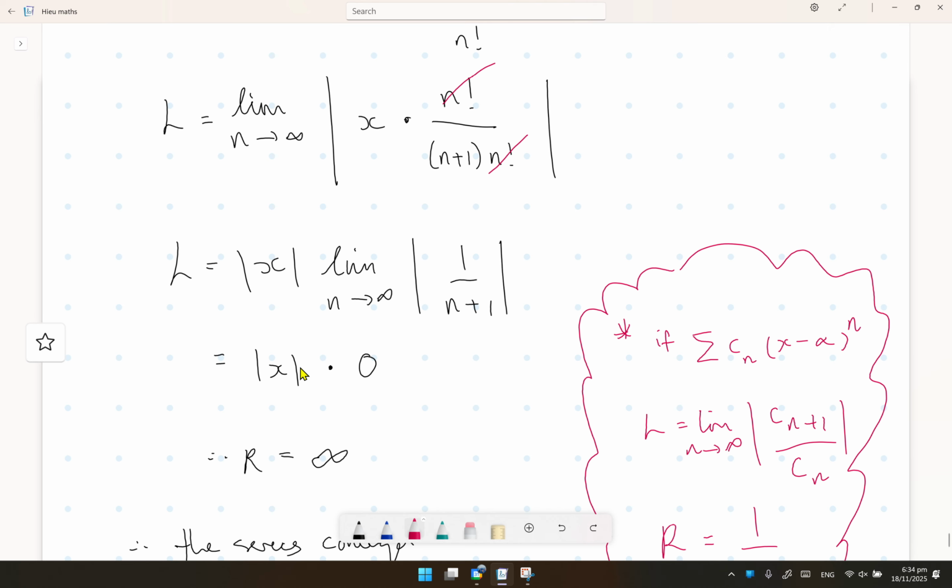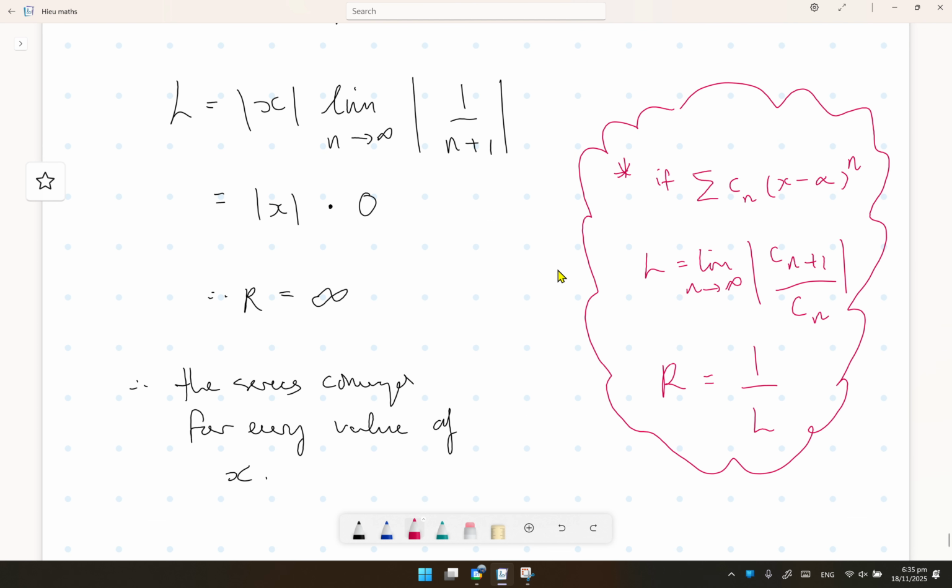So what does it mean that L is equal to 0? Well, there's a note here. I don't know why this is true, but let me think. Oh yes, this is what L means: L is the ratio between the first coefficient and the second coefficient.